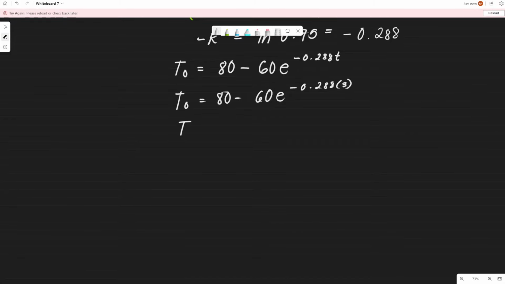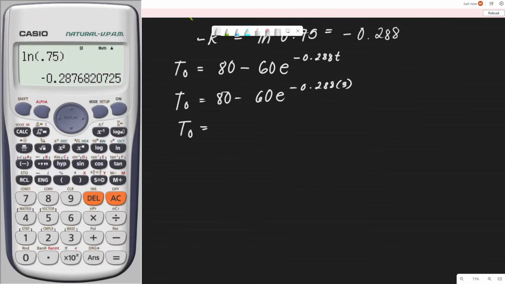Okay, so T sub O is equivalent to, back to our calculator, we have 80 minus 60, shift ln to get e raised to negative 0.288 times 3.